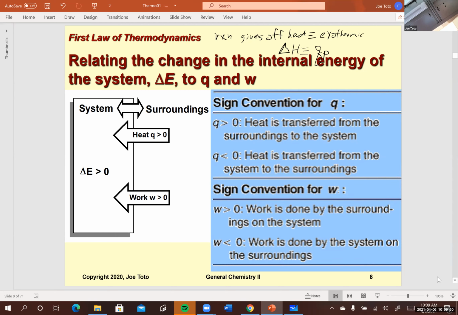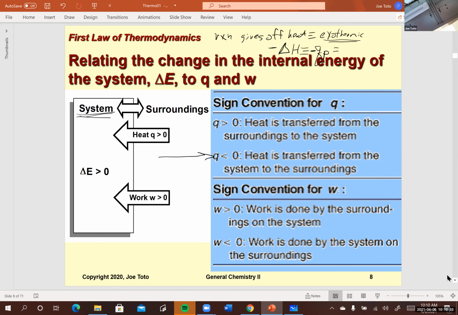So when a system, like a chemical reaction, gives off heat, we call that exothermic. And so the sign for exothermic delta H is positive or negative? Negative. Correct. And so Q is negative. So when Q is negative, less than 0, heat is transferred from the system to the surroundings, right?